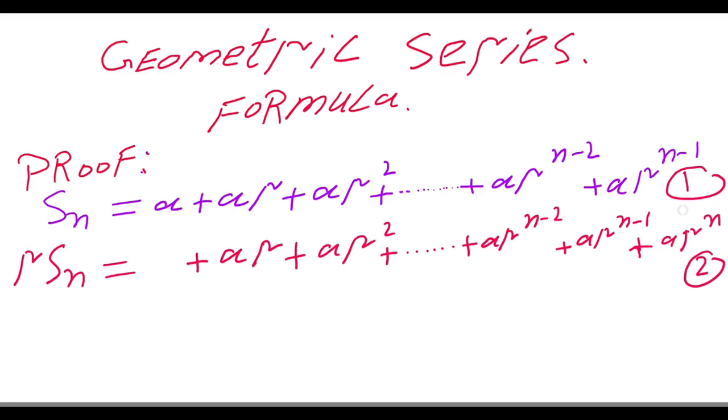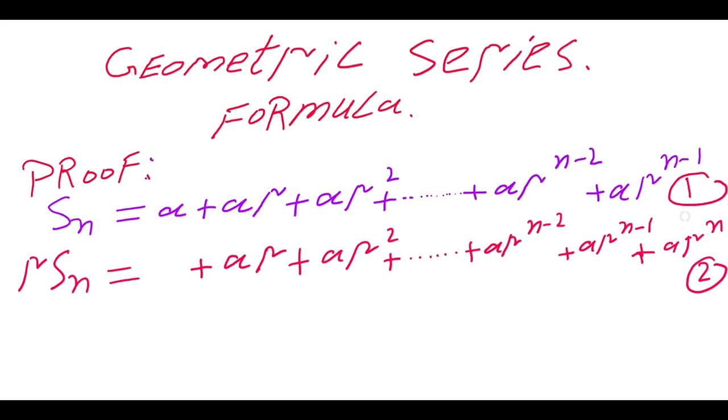You multiply equation 1 by the ratio R, then we get this equation 2. But you're going to write it one position away from the first position. The reason is that we can cancel out the terms. So we shift one position to the right when we're writing the second term, so that we can cancel out the terms.